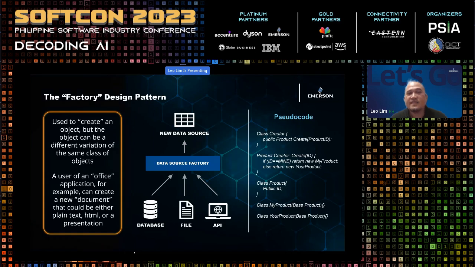As the name suggests, it's a factory, so it creates objects or instances of the different classes. It's a creational design pattern, used to create an object, but the object can be a variation of the same class of objects. Let me try to explain that.